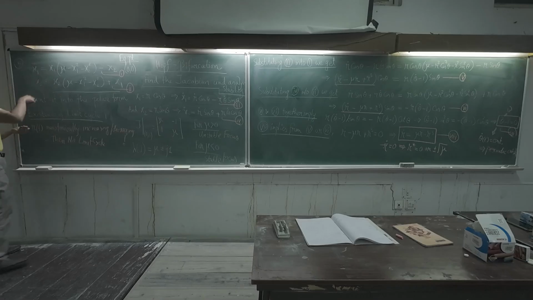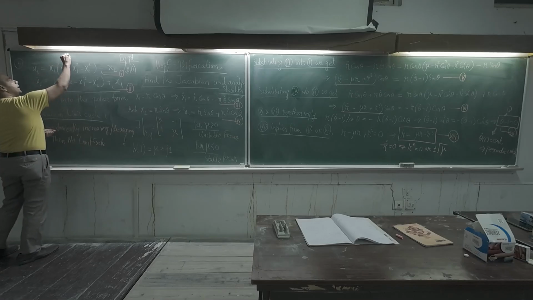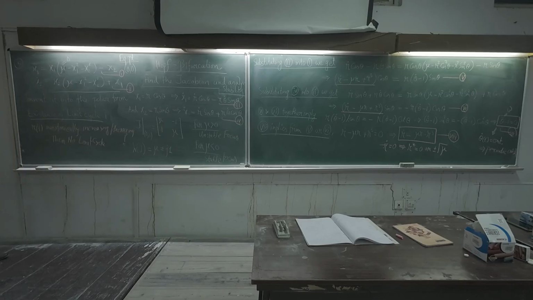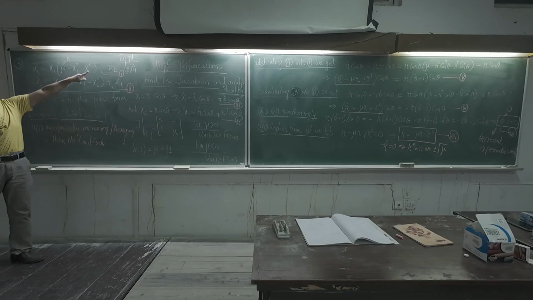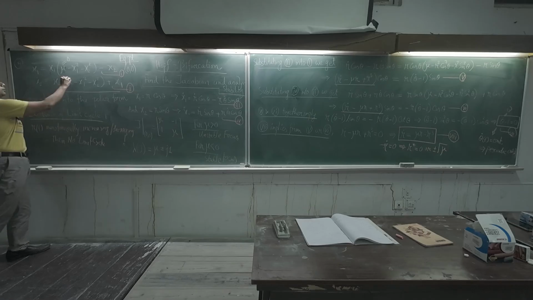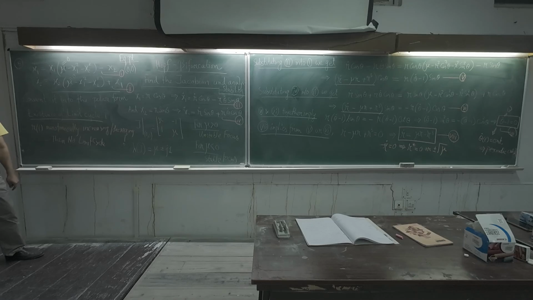You put mu equals 0 here. It doesn't simplify much, isn't it? If mu equals 0, simply x1 into minus x1 minus x1 square into minus x2 square. Similarly here also, if you put mu equals 0, this doesn't simplify much.